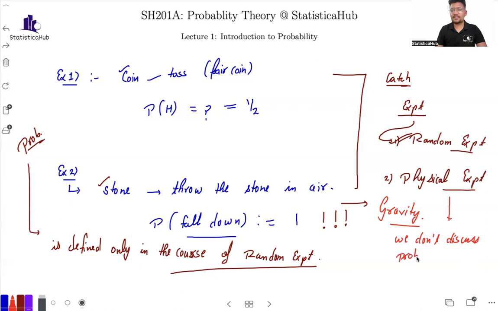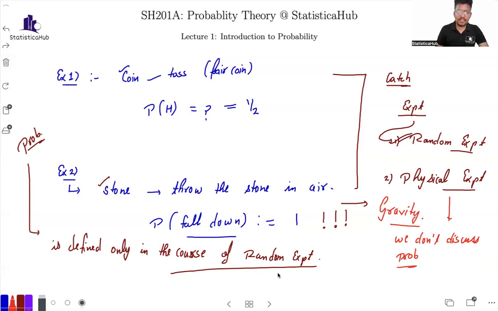The first thing that you have to take from this lecture number 1 is to understand the meaning of probability, and we can define probability in the context of random experiments only. In the course of physical experiments, the probability can't be discussed.